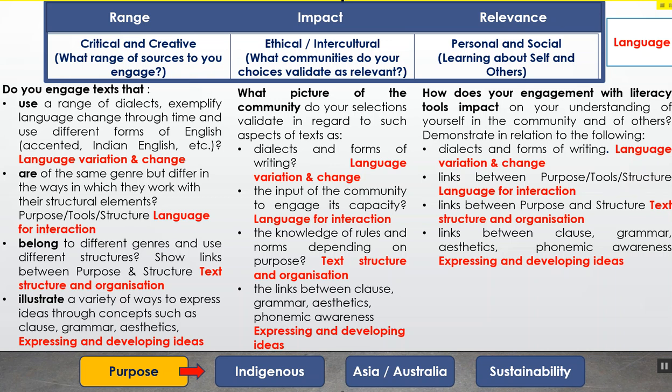So the child is learning about the purpose, tools, and structure of language, and you want to teach the genre aspects of it. You still focus on language and on the structure of a recipe, and you compare it with other similar and less similar texts so that you get the meaning.